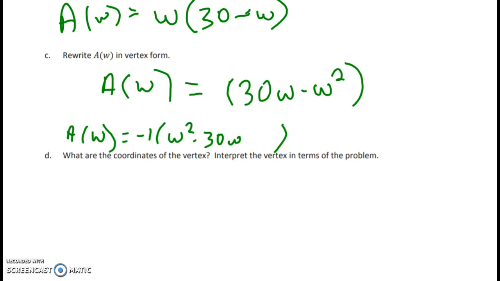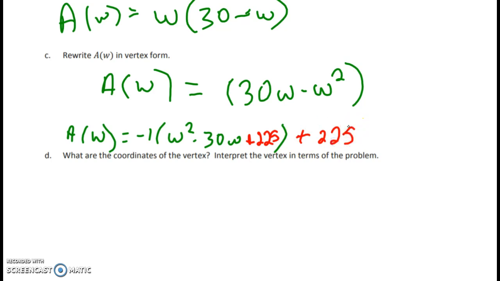So half of negative 30 is negative 15. Square it, becomes plus 225. 15 squared is 225. And then I can't just add a number randomly. So then I have to have a number out here. And this is also going to be plus 225.